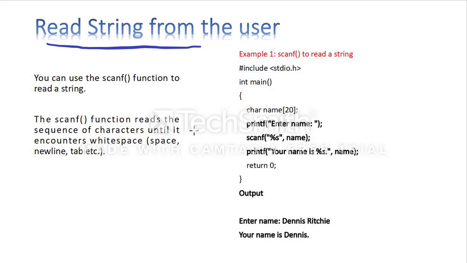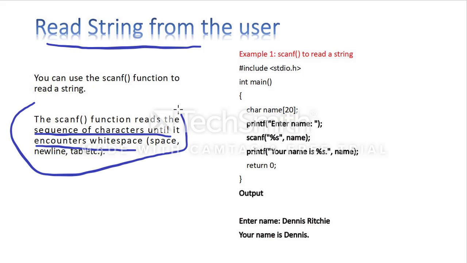The scanf function reads the sequence of characters until it encounters a white space. It only reads continuous characters. If you are giving any white space between them, or a new line between them, it can't take the whole thing as a string.